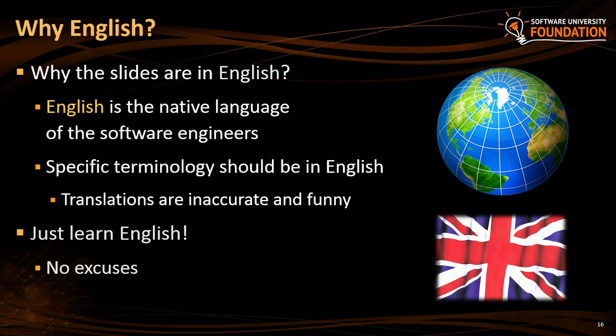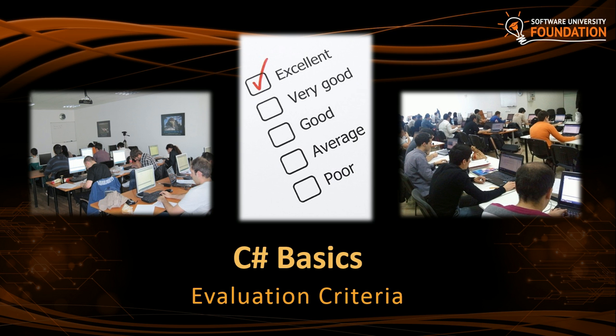Use English in your commands, in your identifier names, and everywhere in your documentation. Because if you purchase a new laptop, for example, and your installation instructions are in Chinese, you'll be frustrated. The same applies if they are in Bulgarian and you are not Bulgarian. So English is the language of technology and the software industry.